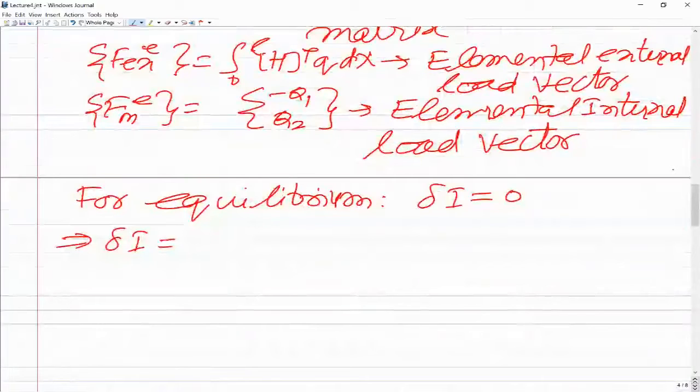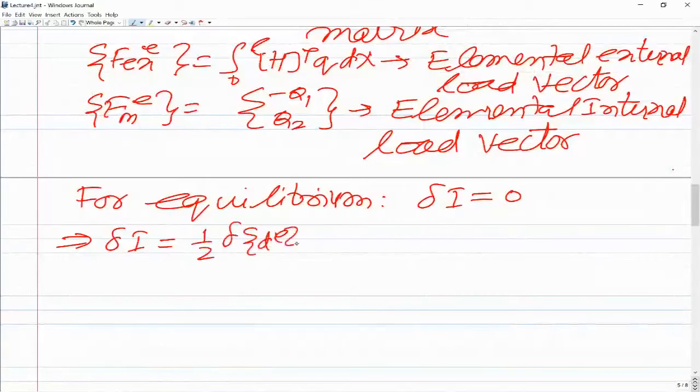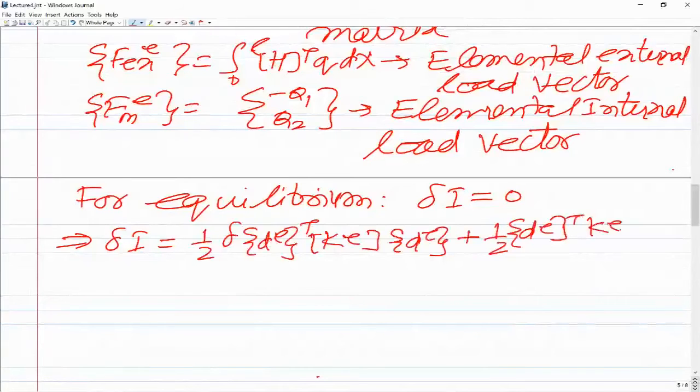So the unknown quantity here is the vector D. When we write delta I, the variation of the first term is half of delta D transpose into KE into DE, and then plus the variation of the second term, half of D transpose into KE and then delta of DE.